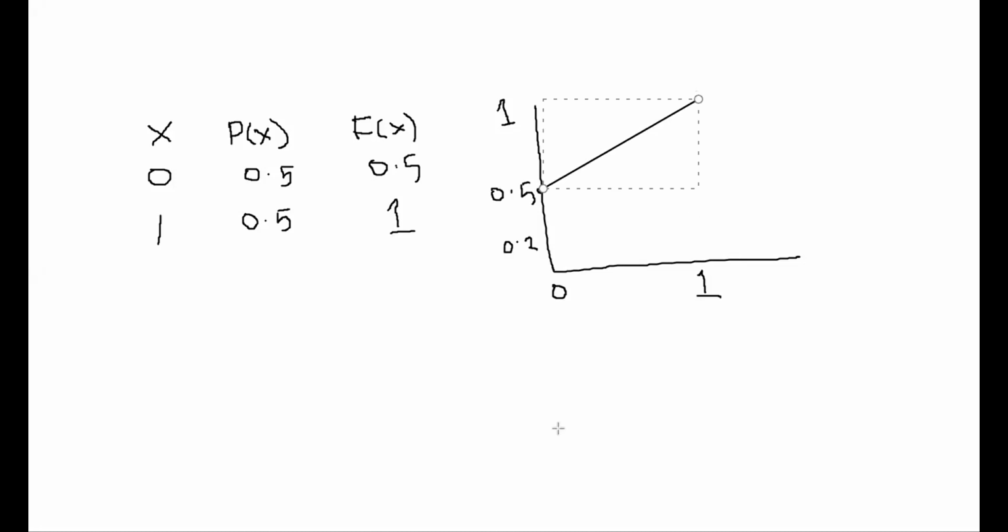So I just drew the cumulative distribution function. Notice that it will always be upward sloping because my f of x will always be increasing no matter how many x's I have here, and in the end I will always get 1, so the last value will always be at the top. So it will be upward sloping and a straight line.